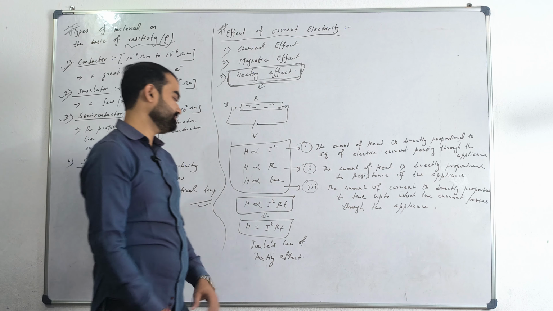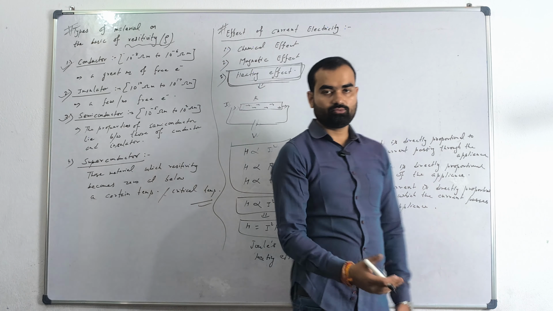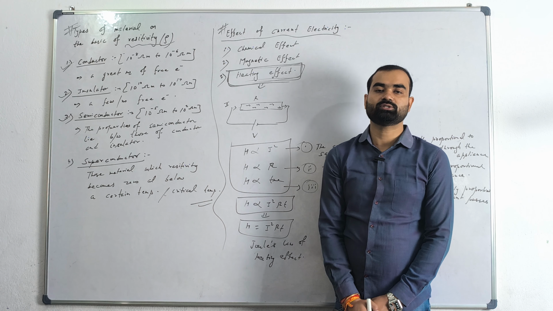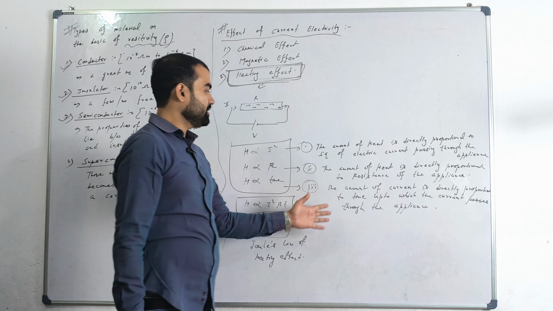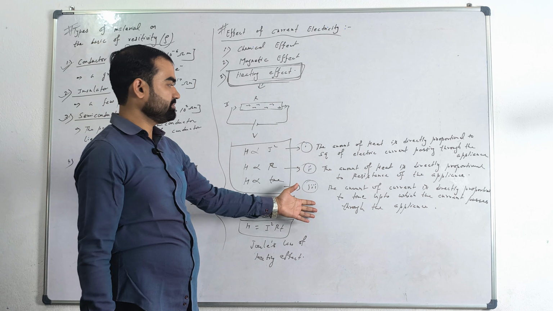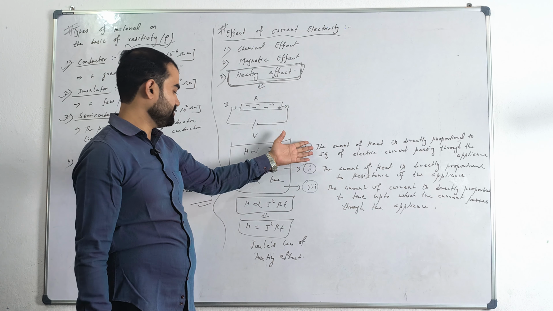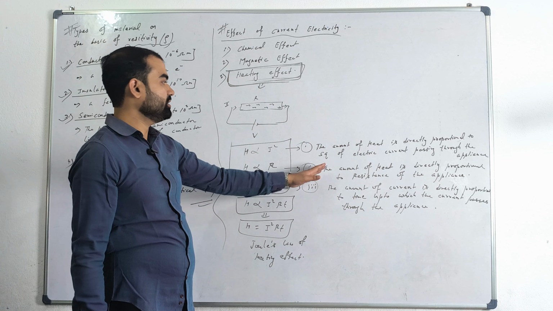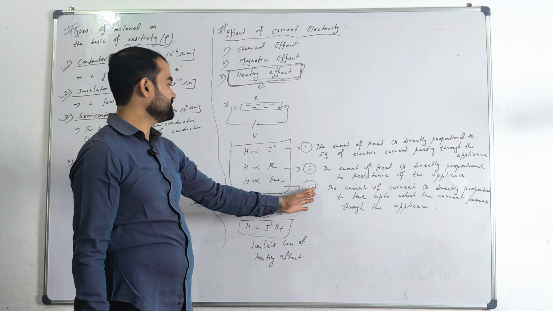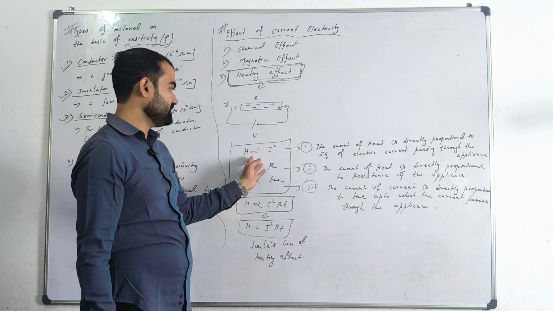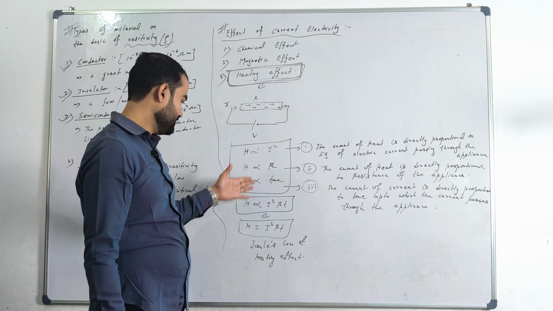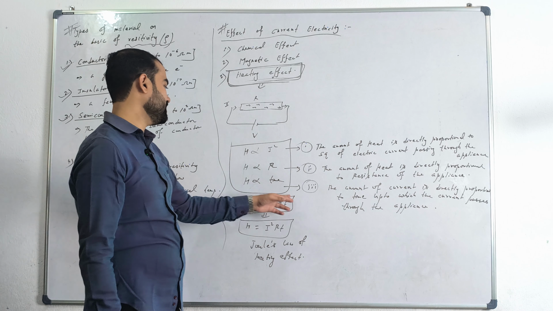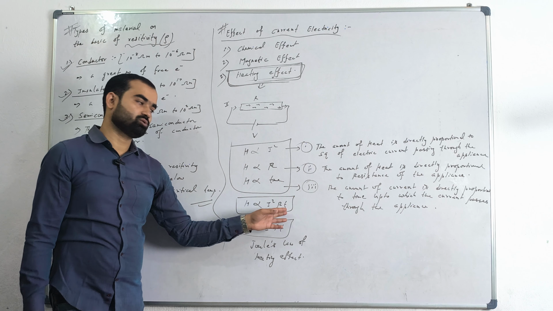Simply, when you find questions in examinations about Joule's law of heating effect, first of all you have to write down these three statements, and on the basis of these three statements we represent them in mathematical format, and after that we conclude in a single line that H is directly proportional to I square RT.